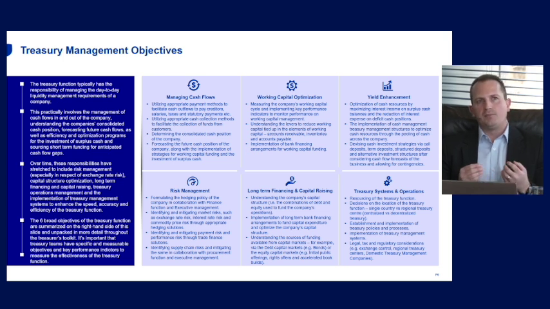Now, the beauty of the cash conversion cycle is that it helps us to isolate the elements of working capital, such as accounts receivable, accounts payable, and inventories, and it allows us to assess the performance of each of those particular elements. That will then allow us to put in place strategies to optimize each of those elements, and we'll touch on some of those strategies a little bit later.